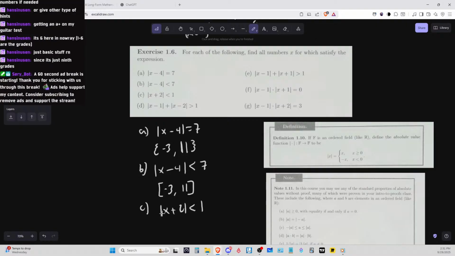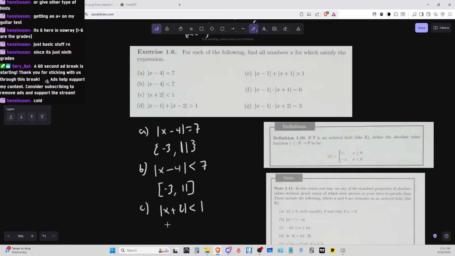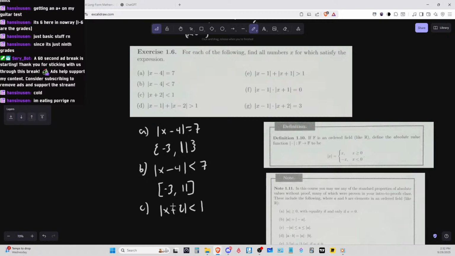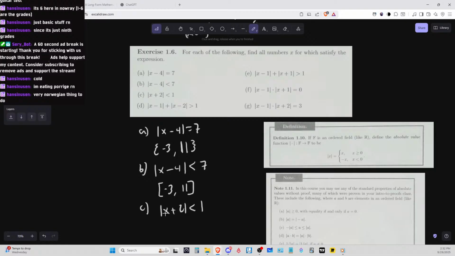So it has to be less than 1. So if we have 1 here, then that means we can't have a half or anything, we can't even have 0 in here, so meaning that we have to go from -1, because if we have -1, then that will turn into just 1, and then we have 1 to the 1.